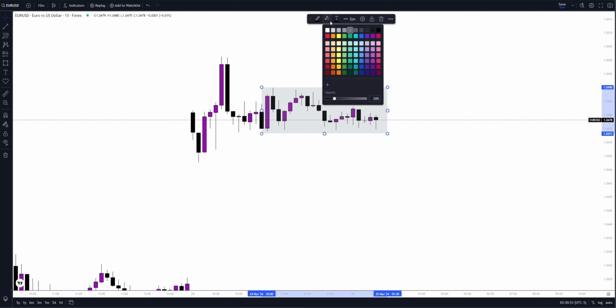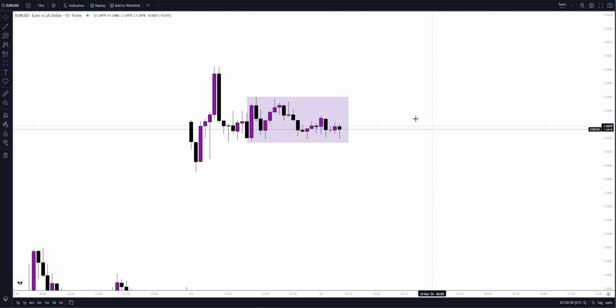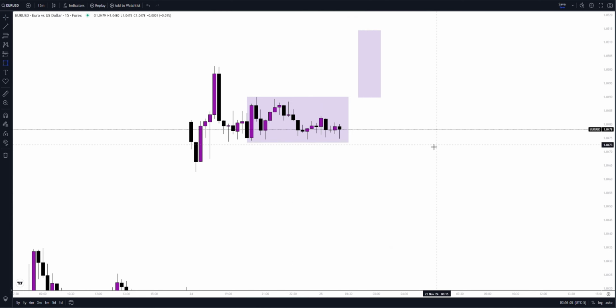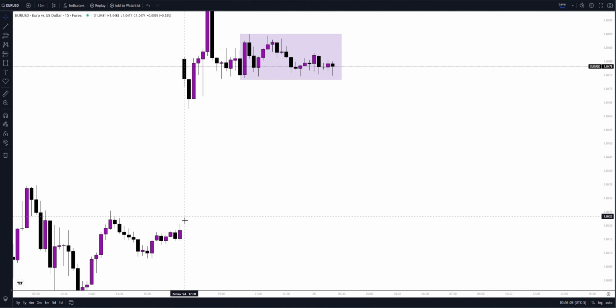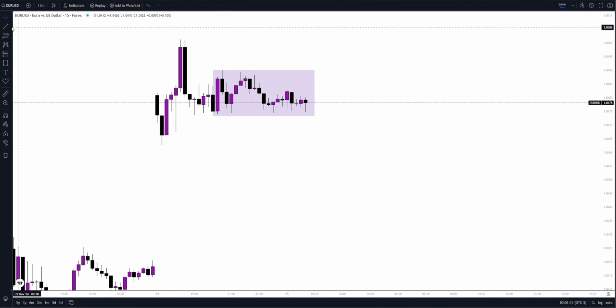So we have this accumulation phase, and then we want to see either manipulation above it or manipulation lower, and then we would be looking for the distribution phase. We have this gap, which can be the high time frame key level, and then we have this buy side liquidity. So let's see what is going to happen.